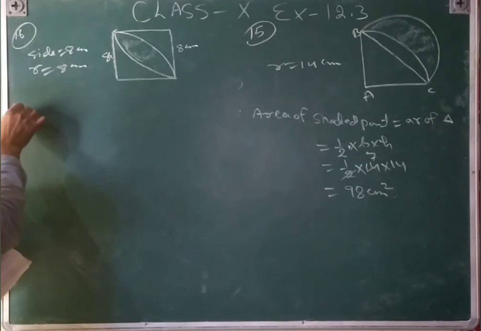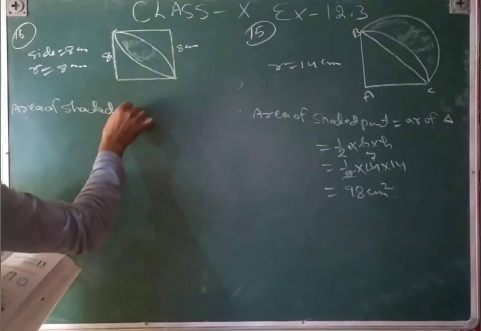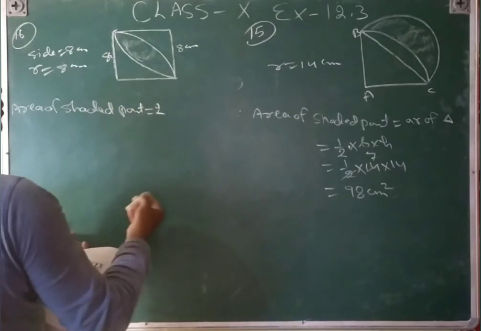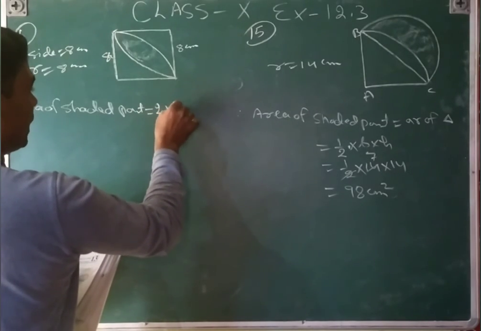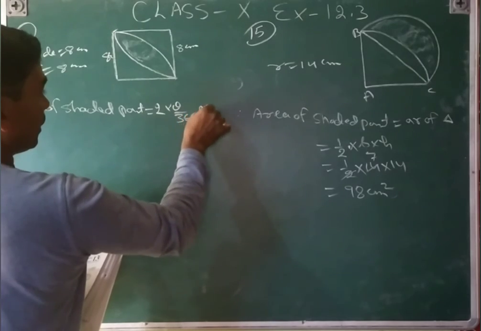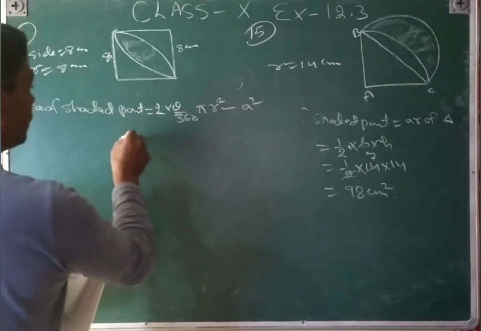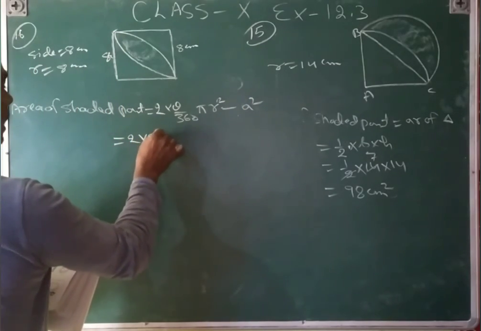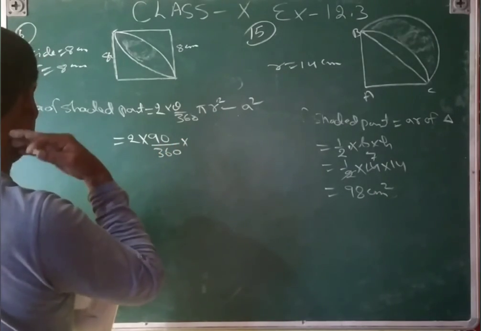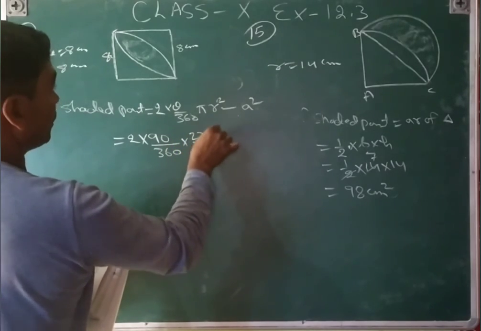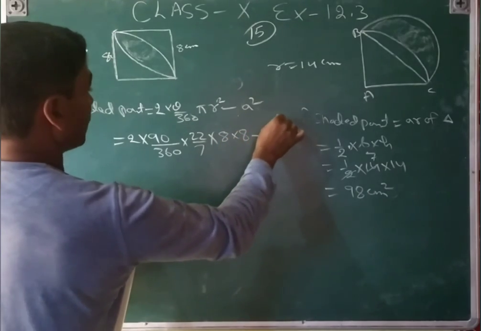So the area of the shaded part is equal to 2, since both sectors are the same, 2 multiplied by theta upon 360 pi r square minus a square. So 2 into 90 upon 360 into pi value 22 upon 7 into r, which is 8 into 8, minus 8 square.